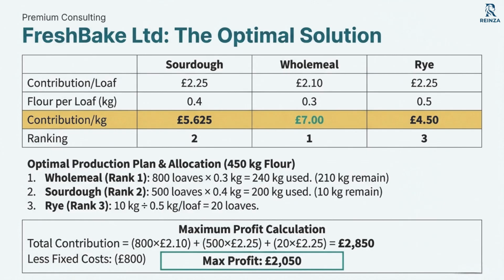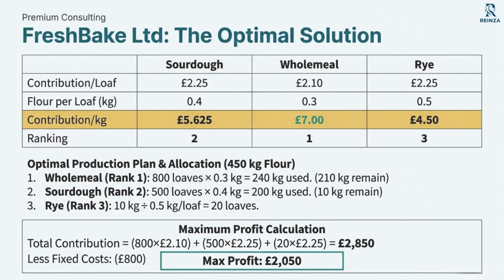Total, 590 kilograms needed, but only 450 available. Flour is definitely the limiting factor. Step 2. Contribution per loaf. We already know these. Sourdough £2.25, wholemeal £2.10, rye £2.25. Sourdough and rye are tied for highest contribution per unit.